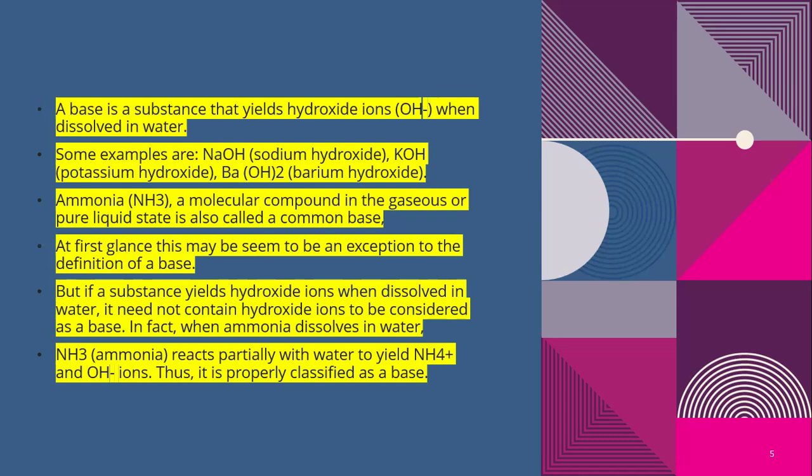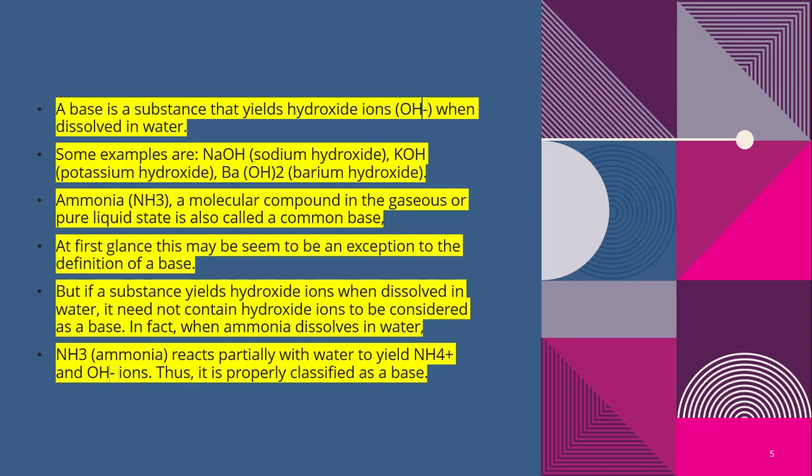Ammonia, NH3, is a molecular compound in the gaseous or pure liquid state, and is also a common base. At first glance, this may seem to be an exception to the definition of a base. But a substance that yields hydroxide ions when dissolved in water need not contain hydroxide ions to be considered a base.